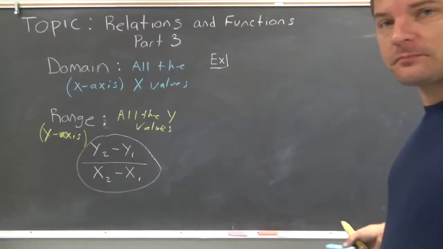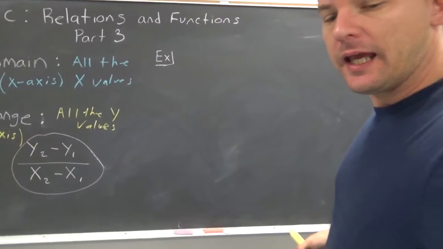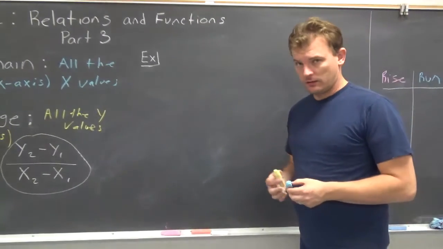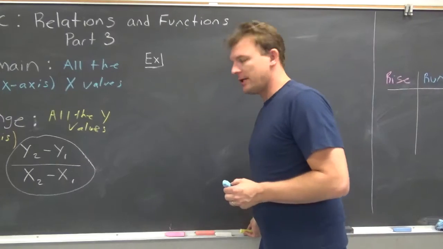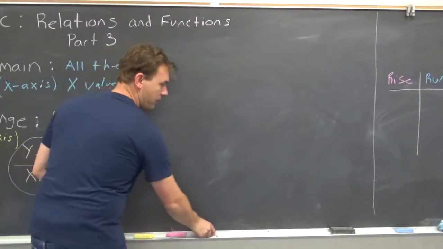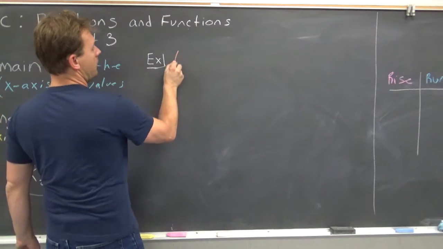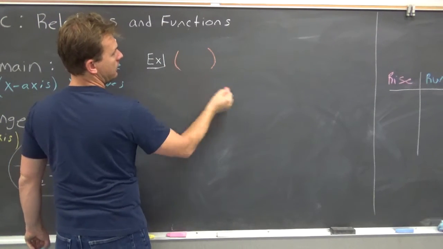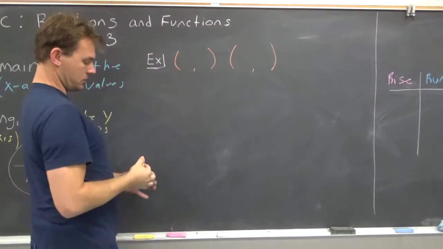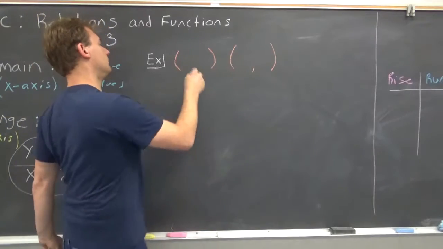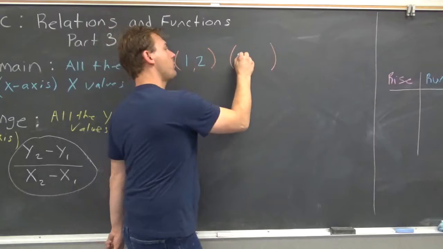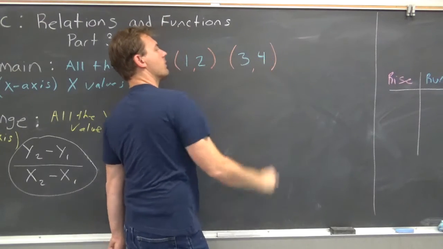So let's look at an example, or a few examples, of where we use this. I'm going to give you 2 points. Let's make them easy: 1, 2, and 3, 4.